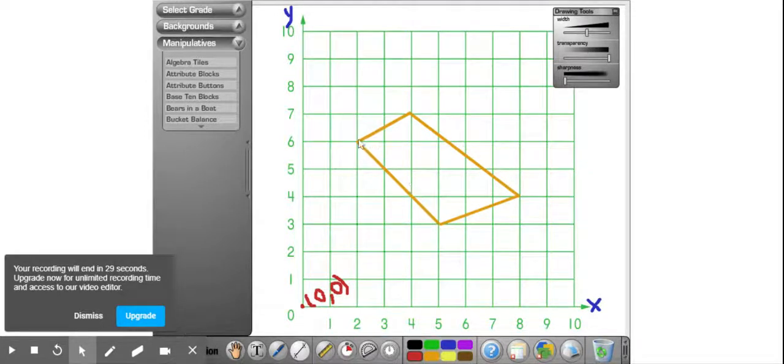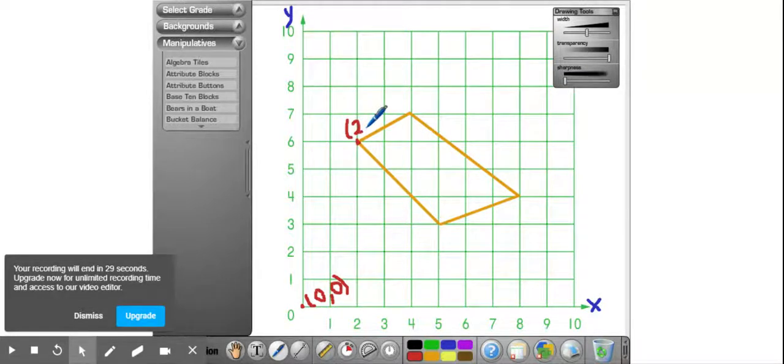So I'm going to start right here, and if I wanted to identify this first point, I'm first going to look at the x-axis, and I can see here that this point lines up with the 2. So I'm going to label it like this. I use a bracket, and I'm going to say 2.